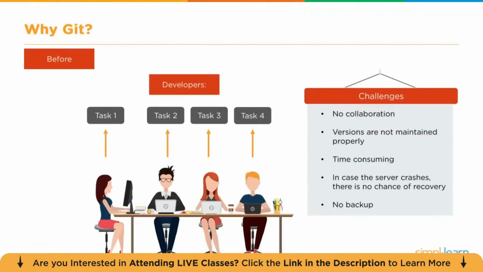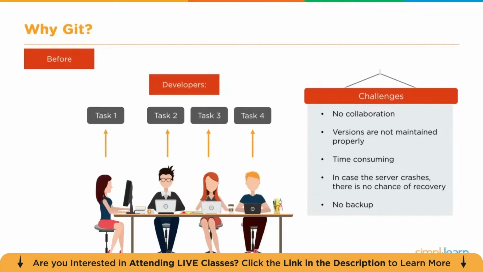So let's look at the challenge that Git is able to address. Before Git, if you had a team of developers working on different pieces of code, one of the key problems was that there was no collaboration between the team. And the challenge with version control was that it was difficult and often required having to check in to large environments, or you had very quasi version control environments.